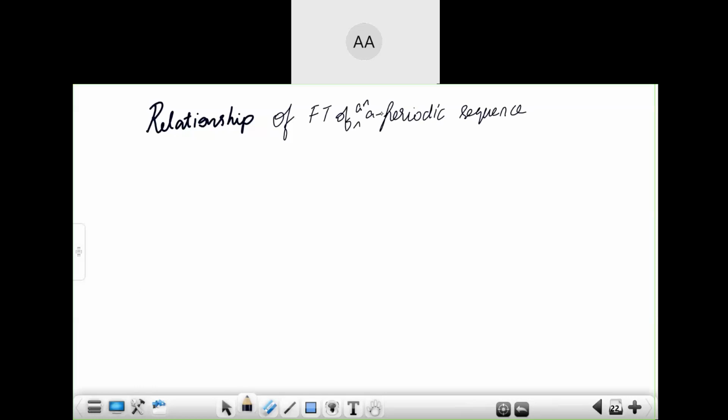Okay, that means the relationship between DFT and DTFT.